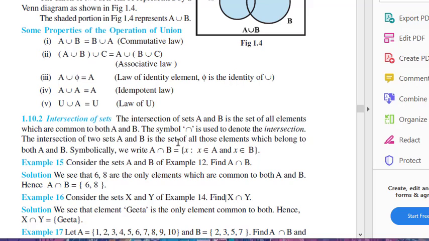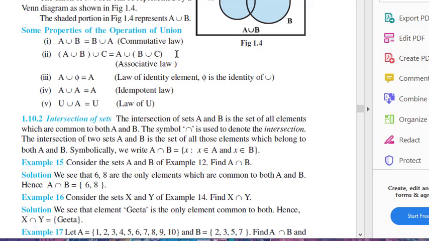Union of two sets follows the commutative law. Commutative law means if I interchange the sets, the final result is the same. If I take the union of A and B, it is the same as the union of B and A.